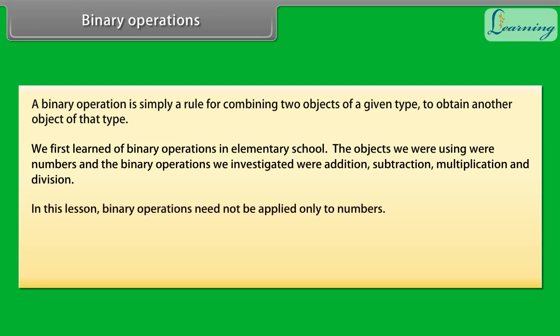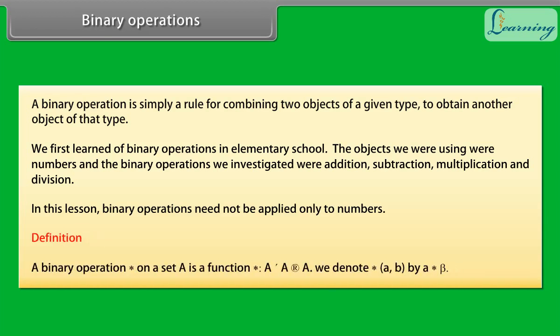In this lesson, binary operations need not be applied only to numbers. Definition: a binary operation star on a set A is a function star from A cross A to A. We denote star(a, b) by a star b.